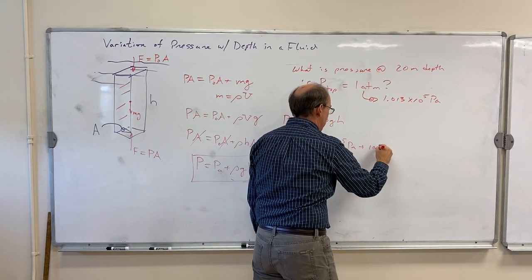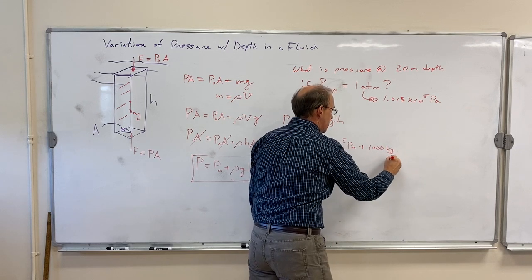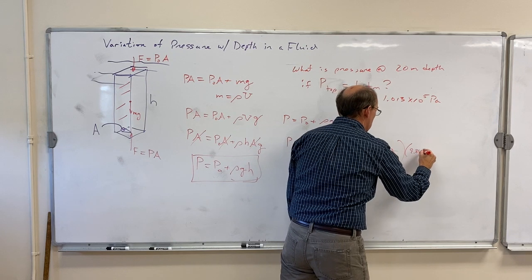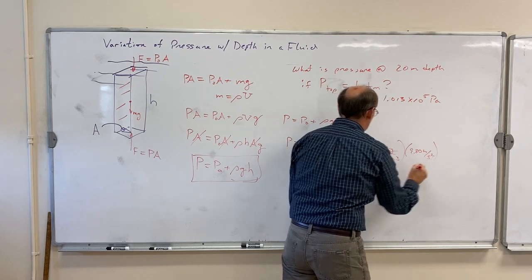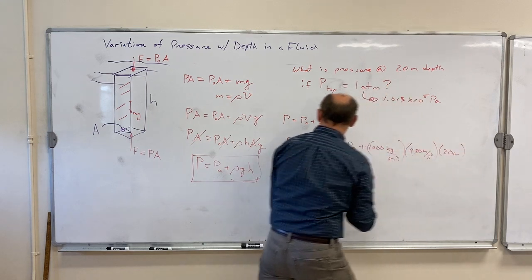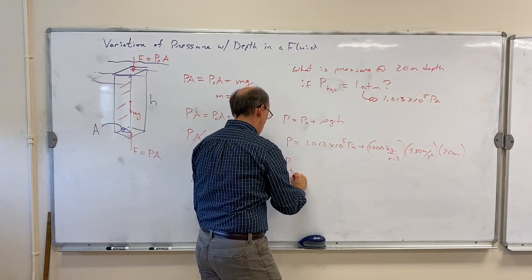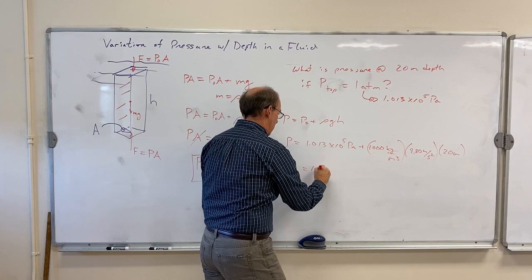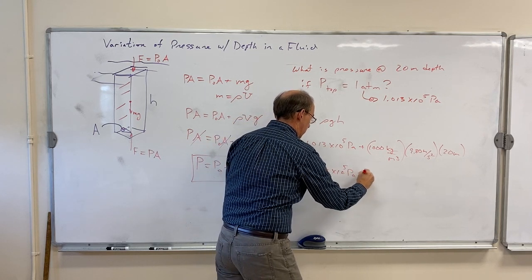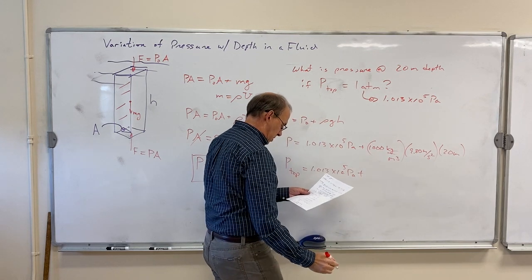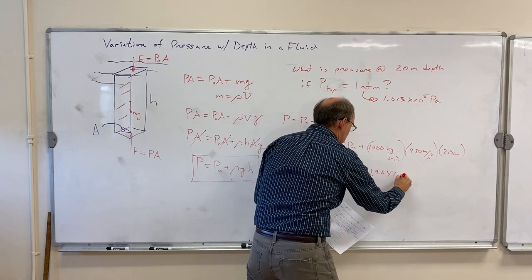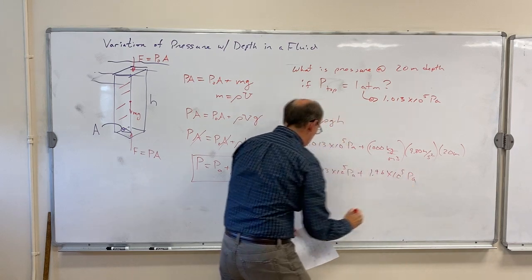Density of water is 1,000 kilograms per cubic meter. g is 9.8 meters per second squared. h is the 20 meters. So P at the top is this 1.013 times 10 to the 5th Pascal, 1 atmosphere, plus all of this stuff turns out to be 1.96 times 10 to the 5th Pascal.